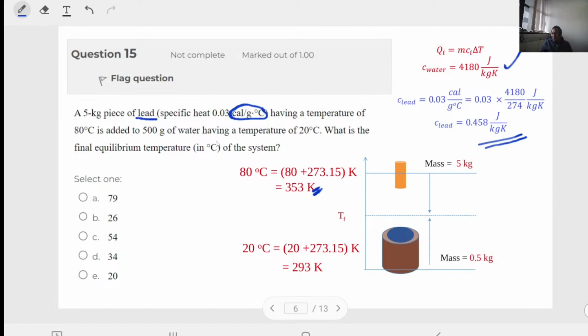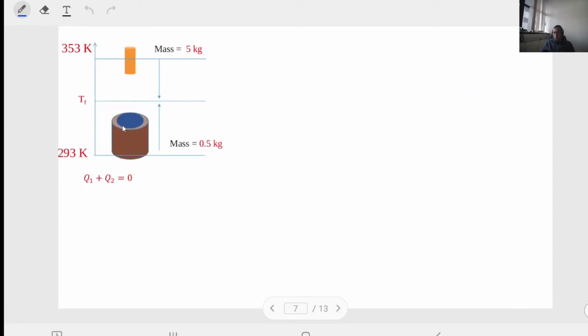It's 5 kilogram, yes. Temperature of 80, which is 353 Kelvin, and then the water is 0.5 kilogram, which is 500 gram, at a temperature of 293. If you mix again, the final temperature is somewhere in between. In the same way, Q1 plus Q2 is equal to 0. If you put together, this is exactly what I have.